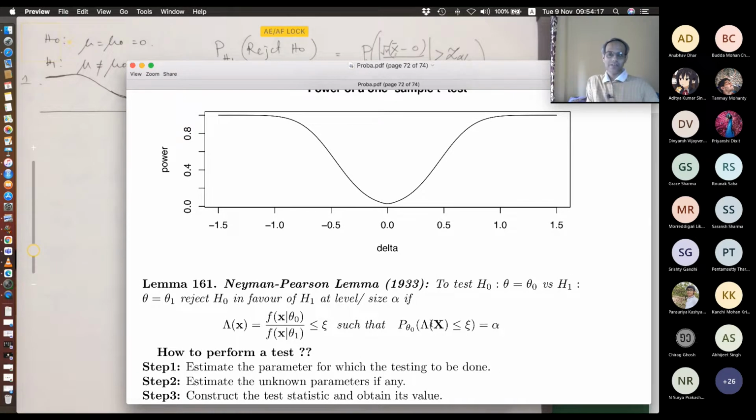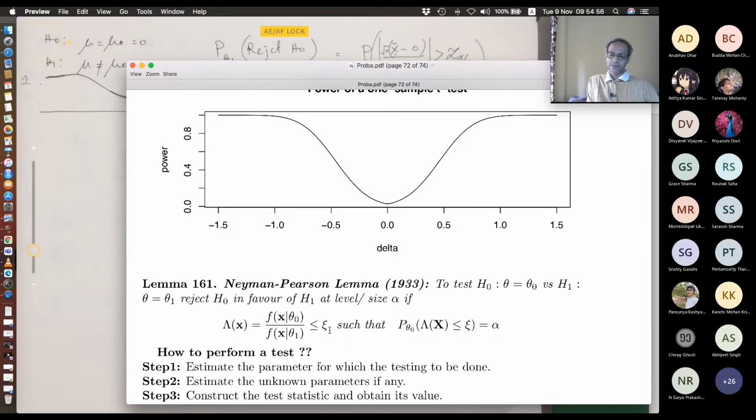To test H0, simple null, theta equals theta naught versus H1, theta equals theta 1, where theta naught and theta 1 are two distinct points, then reject H0 in favor of H1 at level alpha if this ratio, so you will write down the joint density of X at theta naught divided by the joint density of X at theta 1, if that entire quantity is less than some number xi.